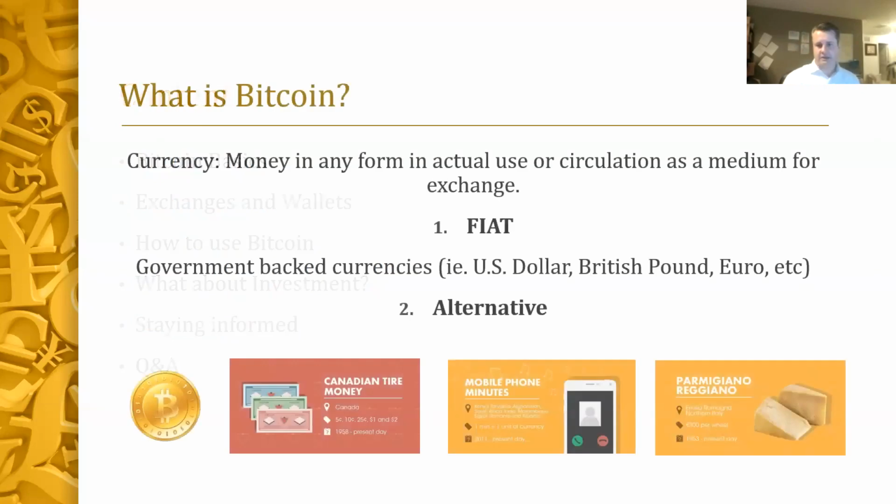So jumping into the first slide, let's go ahead and answer what Bitcoin is. I wanted to start this from the very basic, okay? It's a currency, all right? Money in any form, in actual use or circulation as a medium for exchange. Back in the old days, we used to trade a pig for work or something like that.